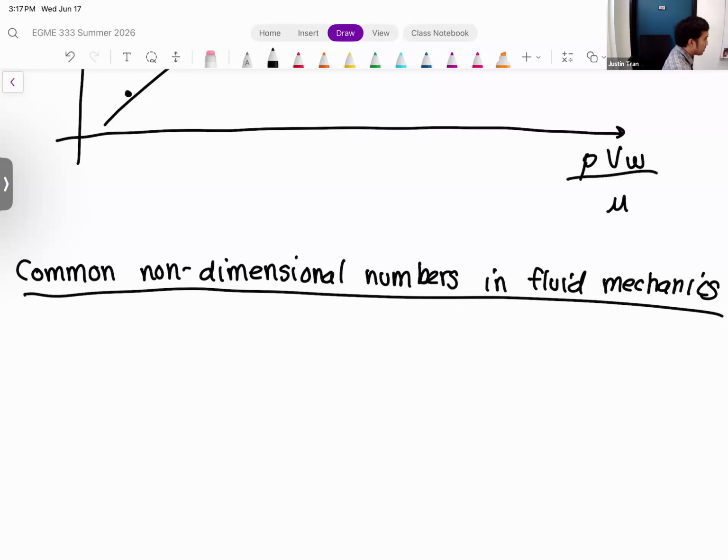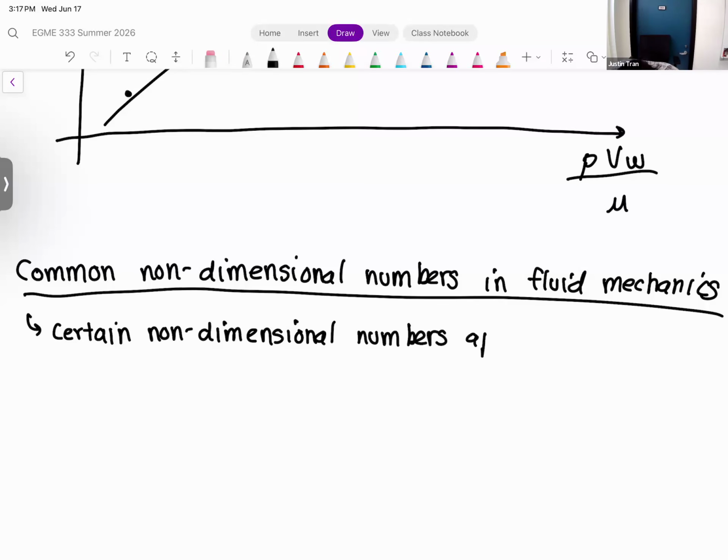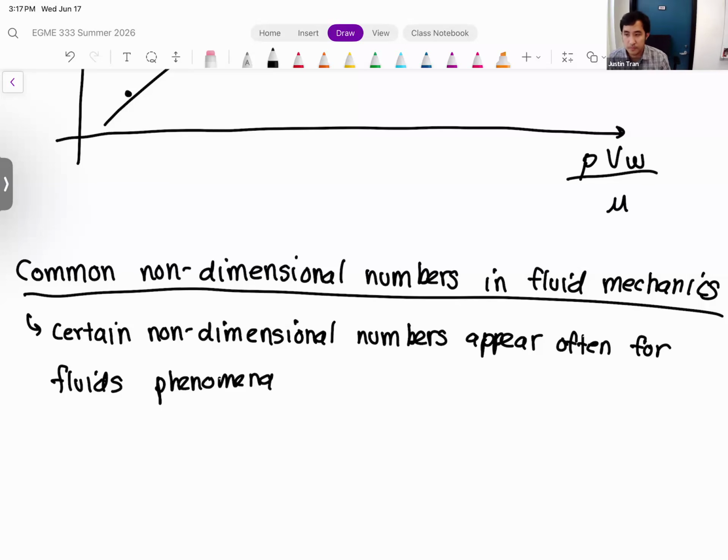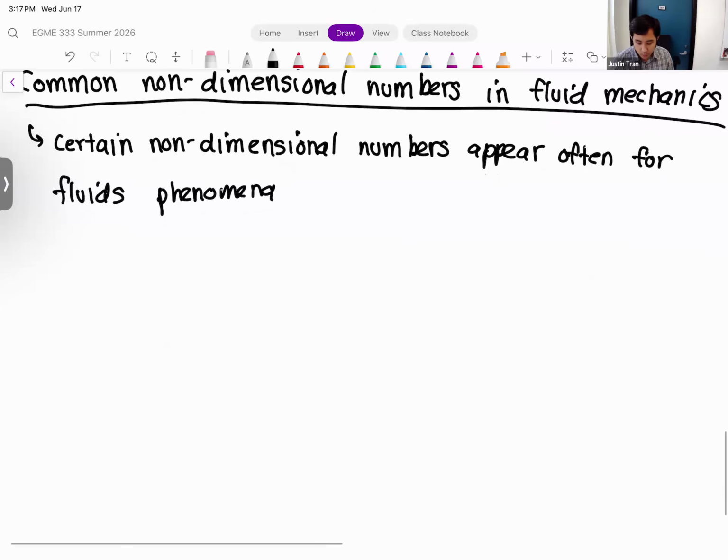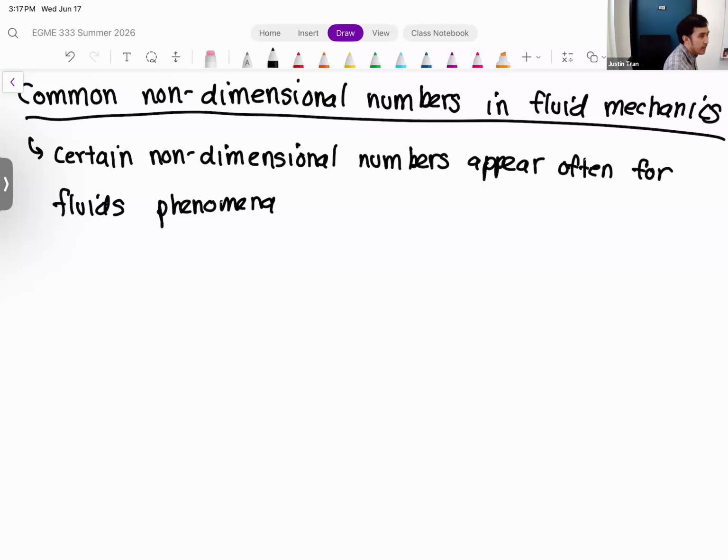And that's not by coincidence, just because there are certain quantities and numbers that have a big influence on fluid mechanics phenomena. So we're only going to cover a couple of these today.